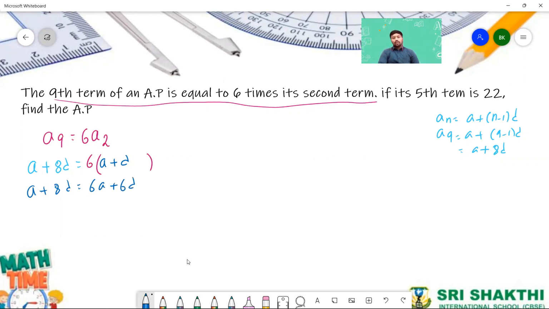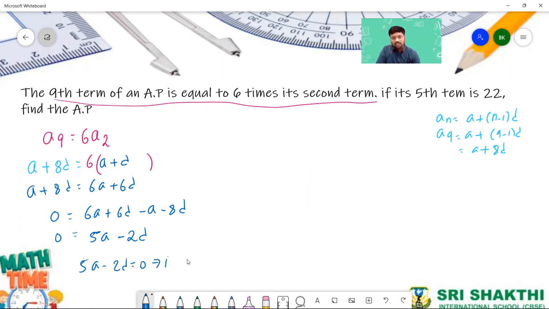Now if I bring everything to one side, 0 is equal to 6a plus 6d minus a minus 8d. 6a minus a becomes 5a, and 6d minus 8d becomes minus 2d. So we get 5a minus 2d is equal to 0.